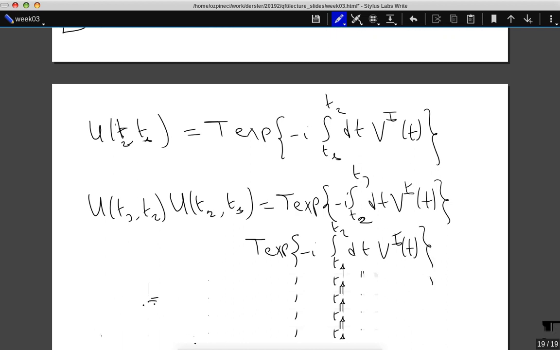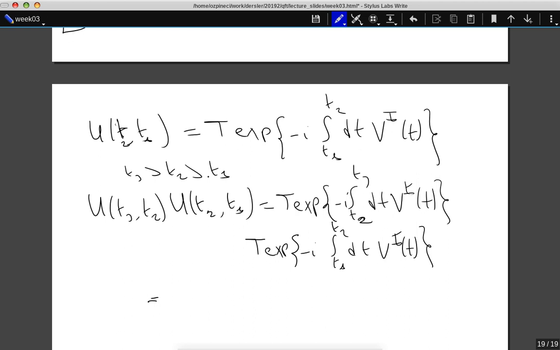You see, the first term has only operators between the times t2 and t3. I will be assuming t3 is larger than t2, which is larger than t1. The second factor has operators in the time interval t1 and t2, which is earlier than any operator between t2 and t3.